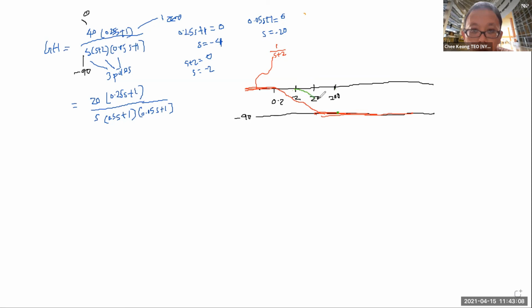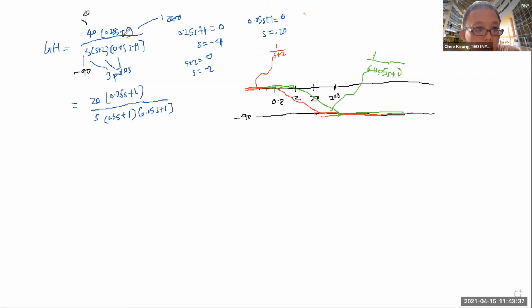Of course, this is another line that overlaps here. It should go from here to there. So this will be your 1 over 0.05 s plus 1.